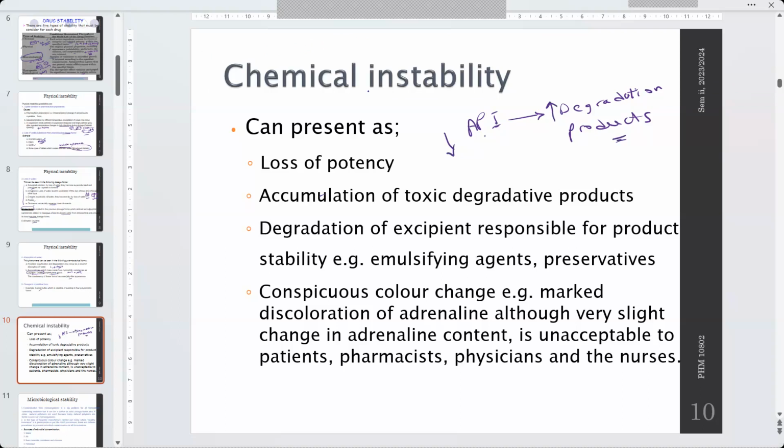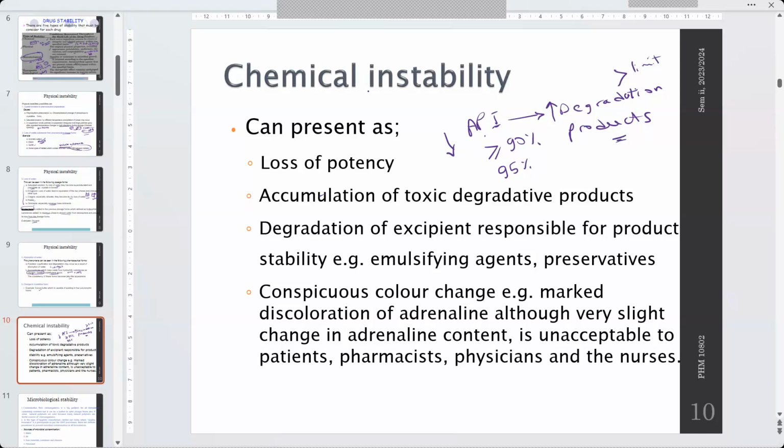So sometimes the API is still within the range of more than or equal to 90%. Sometimes, for example, the content is 95%. This one's expected to be okay, still suitable to use, but at this amount, maybe you have a high level of degradation product that exceeds the limit. Then this product cannot be used anymore.